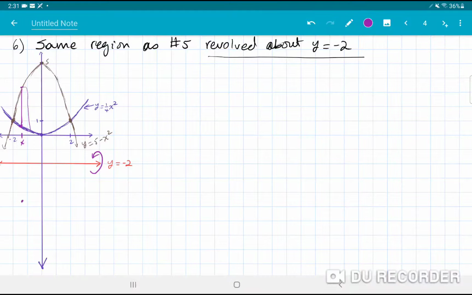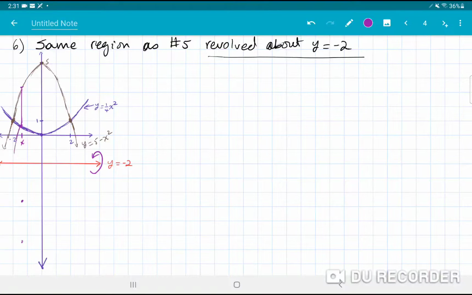And we're going to measure this distance to go from here all the way, about 5 and a little bit. It's about here.